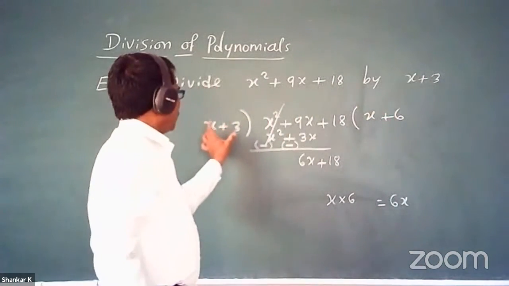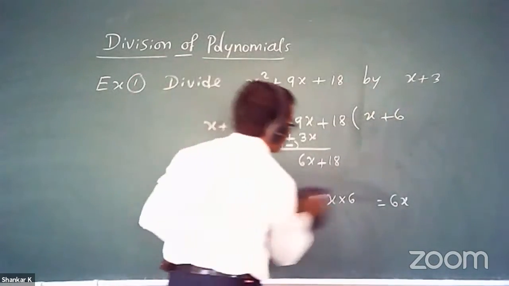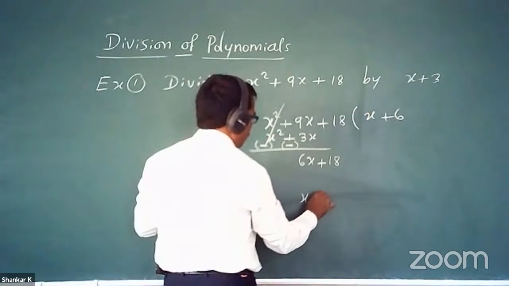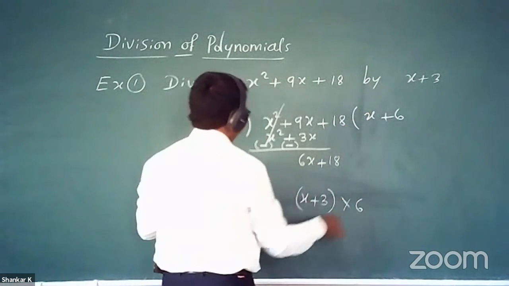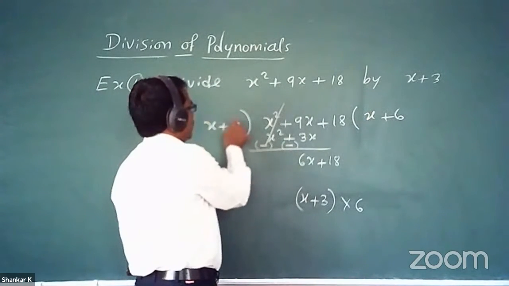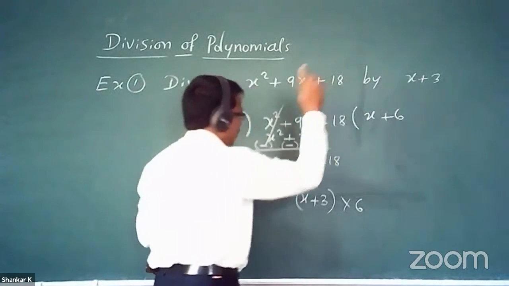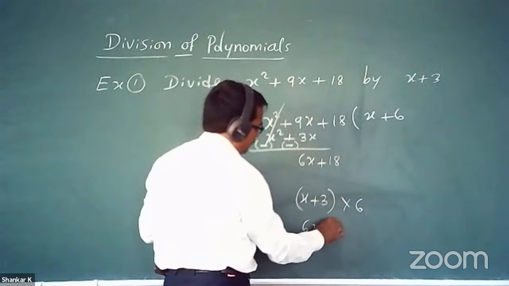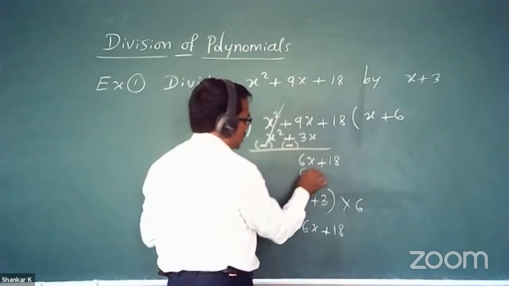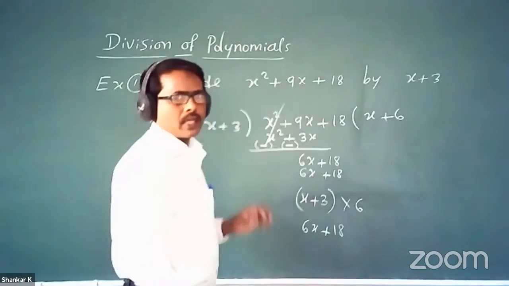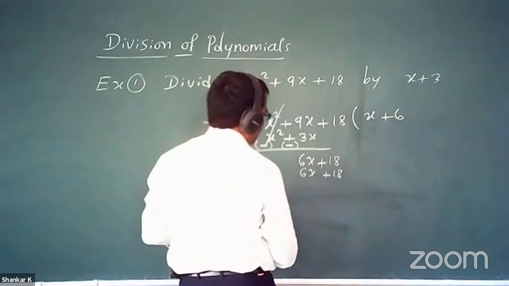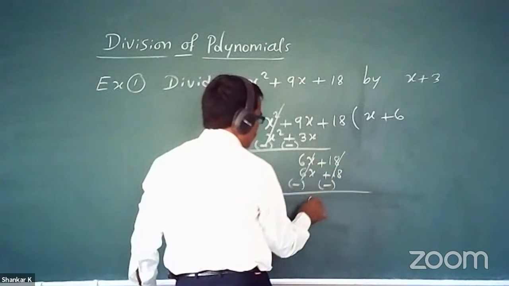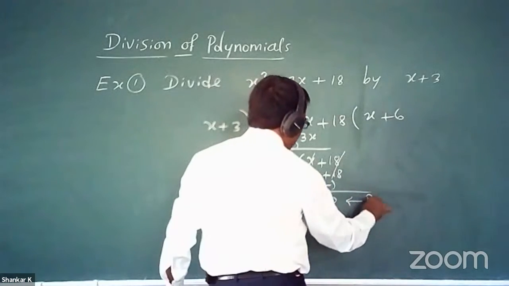Now this 6 should be multiplied to both terms of the linear polynomial x plus 3. 6 into x is 6x. 6 into 3 is 18. Now write this 6x plus 18 and then subtract. Change the sign. Cancel this. 0, 0. Remainder is 0.